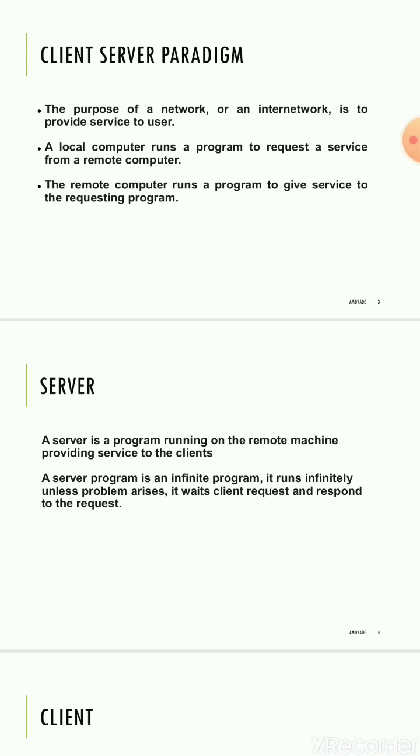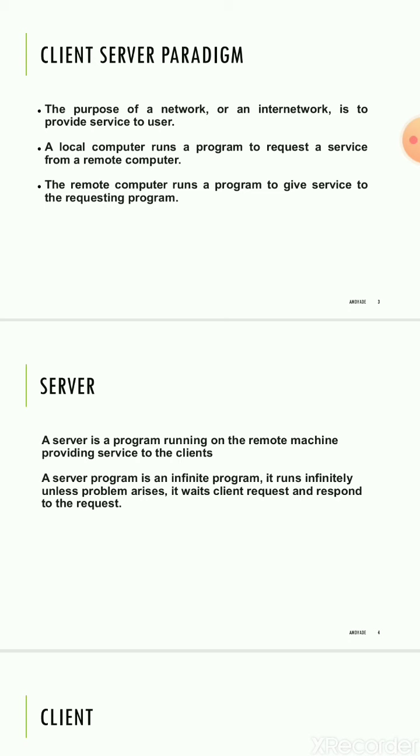So what are the problems, why we deal with this? In brief we will discuss the client server paradigm problem. What is the purpose of a network or internet network? It is to provide services to the user at a local site who wants services from the computer of a remote host.